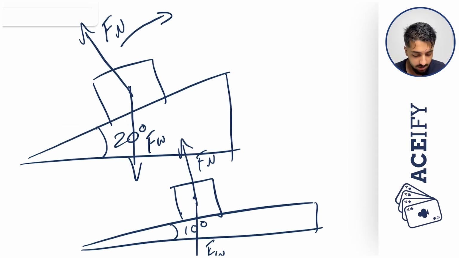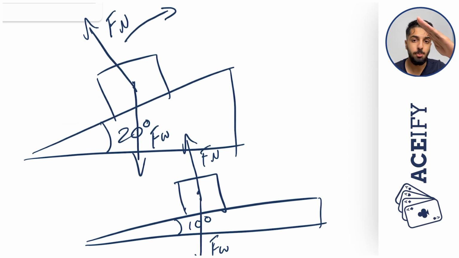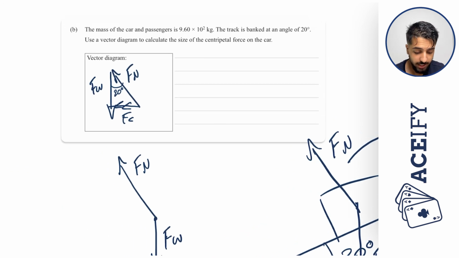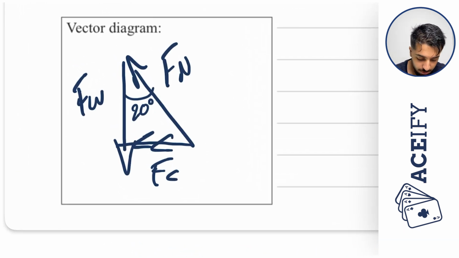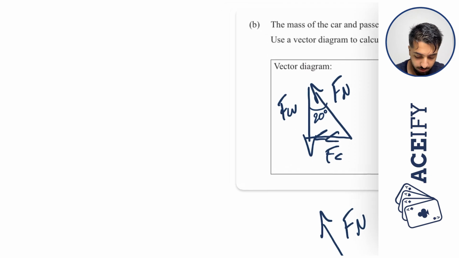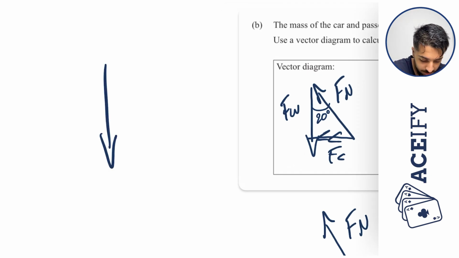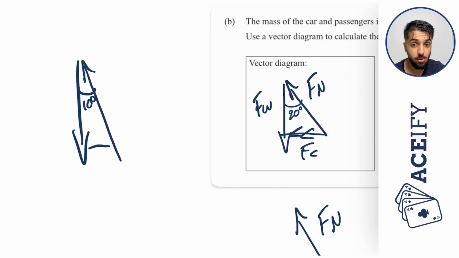And so as you can see, the steeper the angle, the more horizontal the normal force is going to be. And the lower the angle, the more vertical the normal force is going to be. And so if we look at our vector diagram, if we reduce this angle, let's draw it with a reduced angle, like so. This is now 10 degrees. You can see that the normal force is now more horizontal.